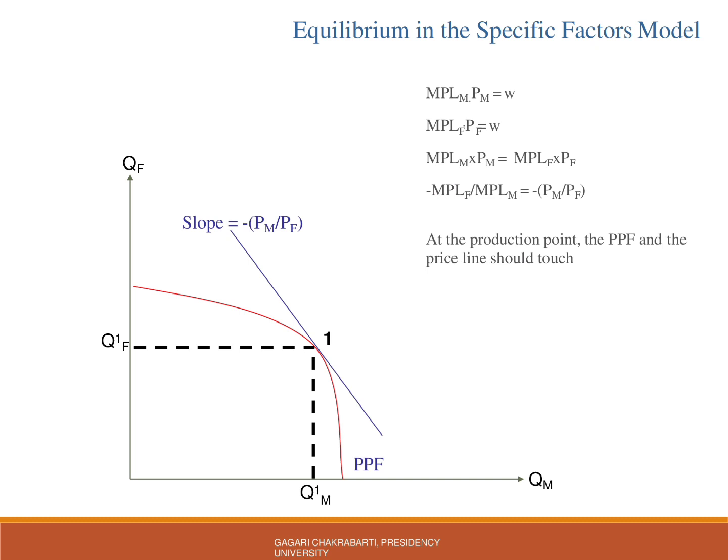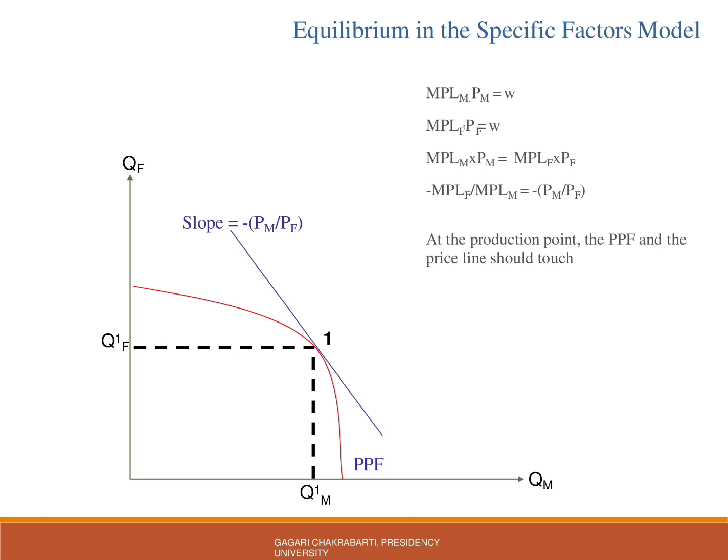So from this we get negative MPLF by MPLM is equal to negative PM by PF. The left hand side actually shows us the slope of the PPF. So the equilibrium condition requires that at the production point the PPF and the price line should touch each other. This is what is shown in the diagram.